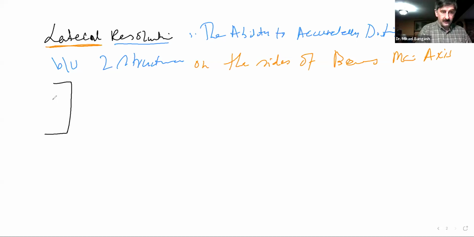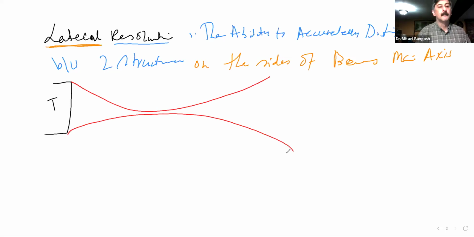Clear? So right now, this is our transducer, and this is our beam.